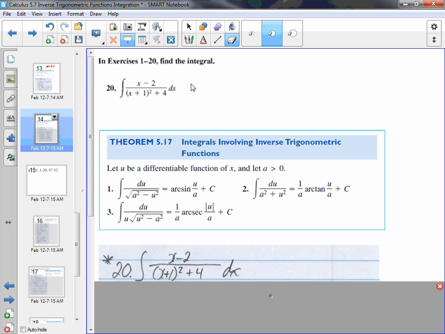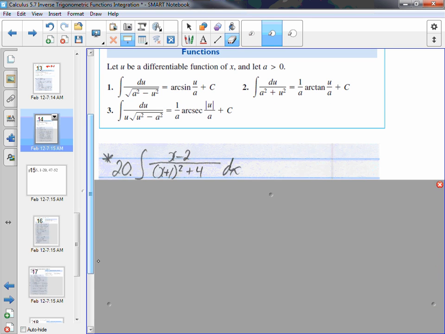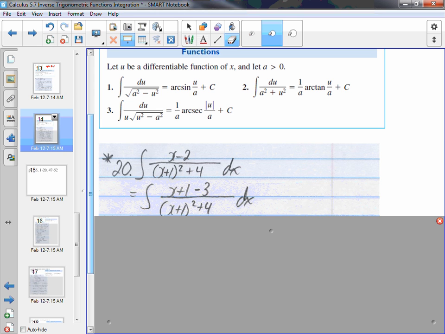Well, everybody knows that negative 2 is the same thing as 1 minus 3. Don't we? So I rewrote the negative 2 as 1 minus 3. Why not?